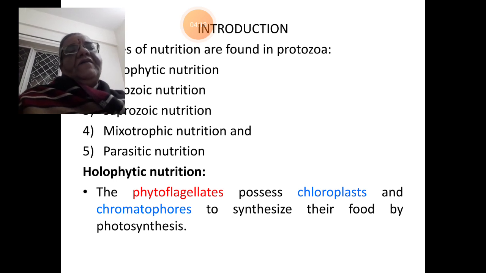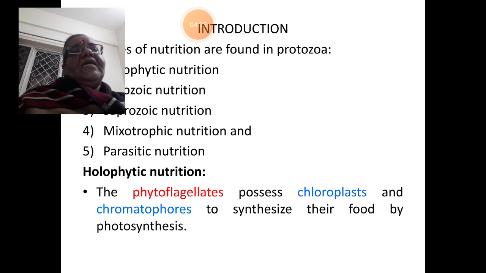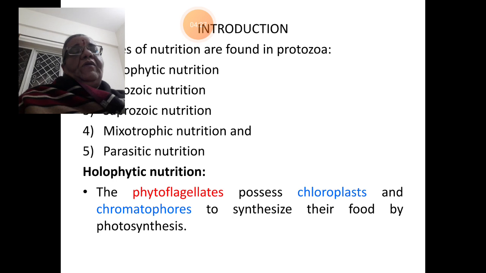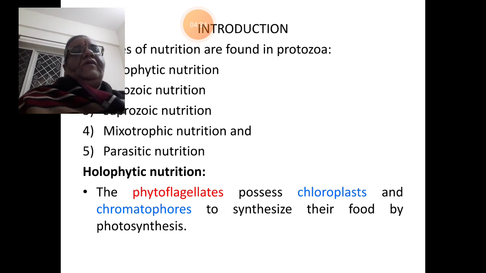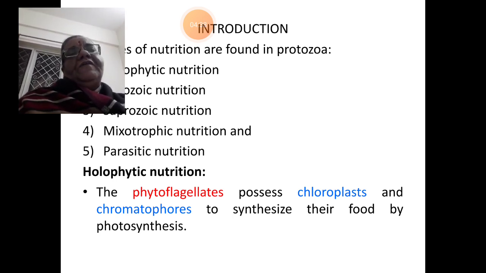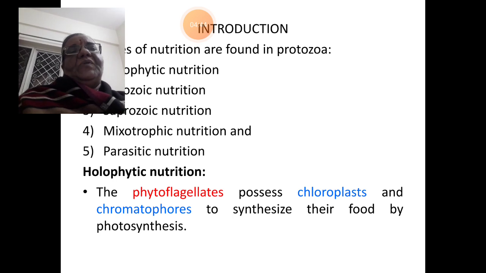The phytoflagellates like Euglena, Chlamydomonas, Volvox, etc. possess inbuilt chloroplasts and other chromatophores to synthesize their food by the process of photosynthesis, and this type of nutrition is known as holophytic nutrition.